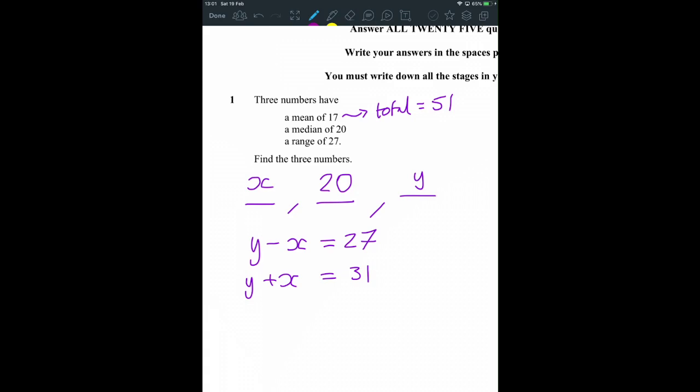You can try and do this with just logic. I like to do this with simultaneous equations to be really clear. If I add them, the x's cancel, and I get that 2y is 58, or y is 29, which using the first of our 2 equations, the difference is 27. So x has to be 2.